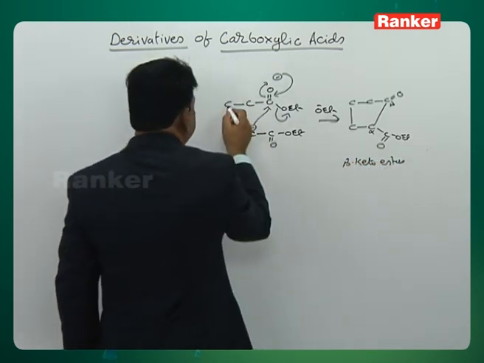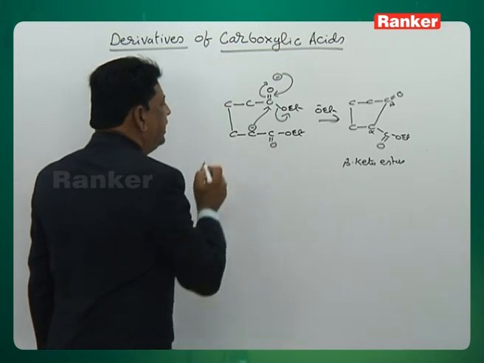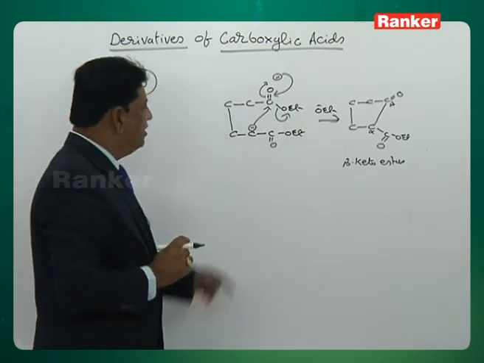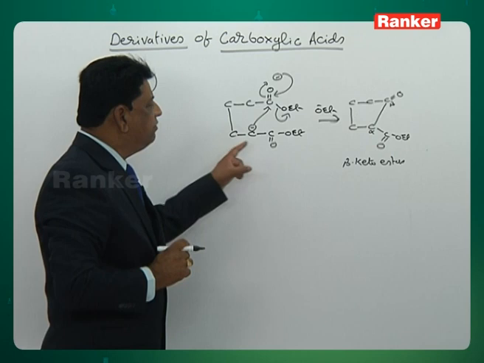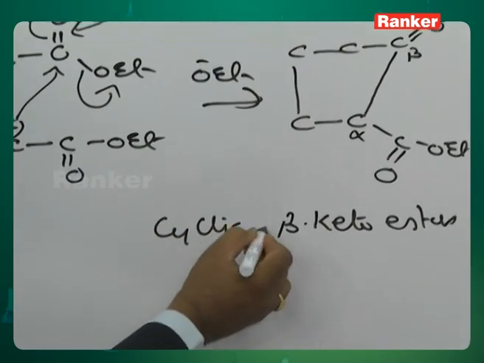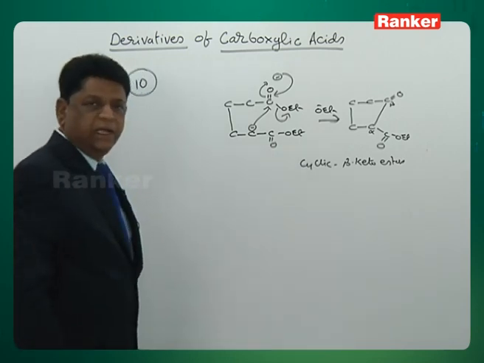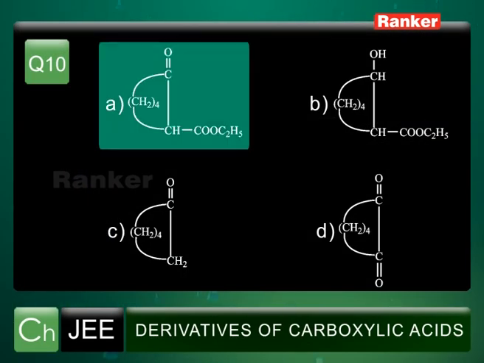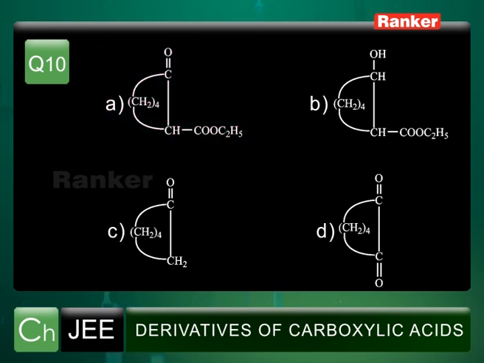Only thing is it is an attached one. Instead of separate dicarboxylic acid esters, we have taken an attached one. Therefore you get a cyclic beta keto ester, and so option A is the right answer.